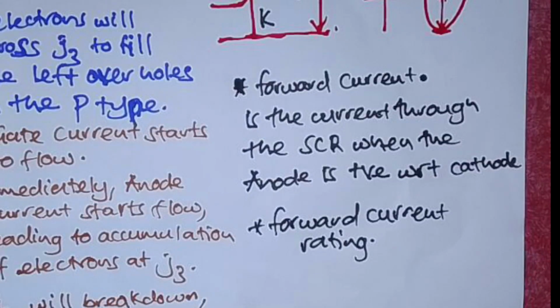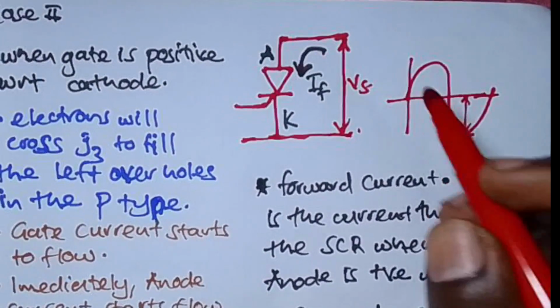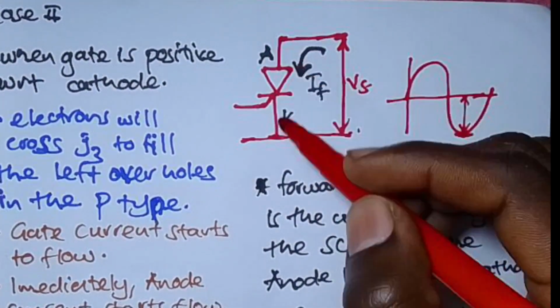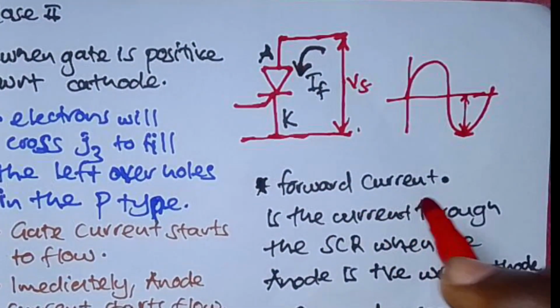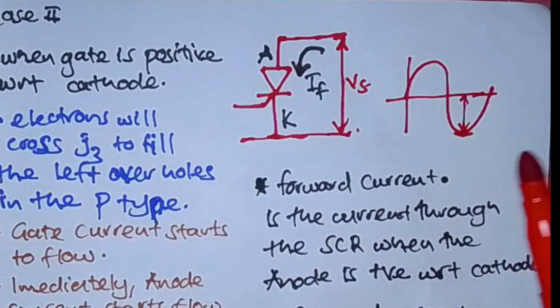This simply means that even though this diode is forward biased, as you have seen here in the diagram, there is also a rating, that maximum current that it can withstand before it gets destroyed. Even if it is forward biased, there is a limit: I can only withstand such and such a current before I get destroyed. So that is simply what the forward current rating is.